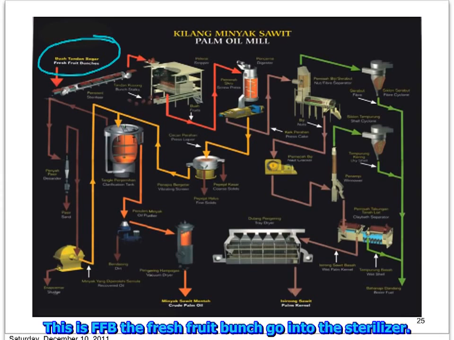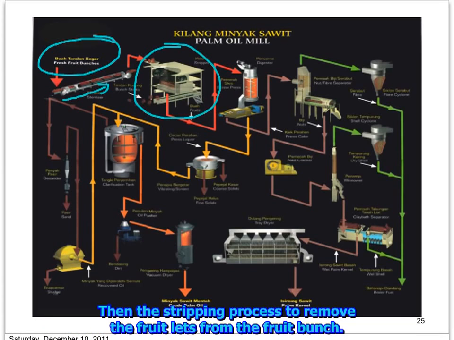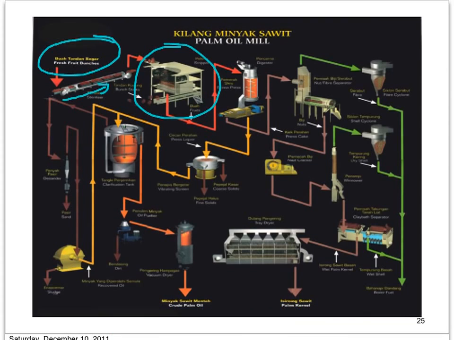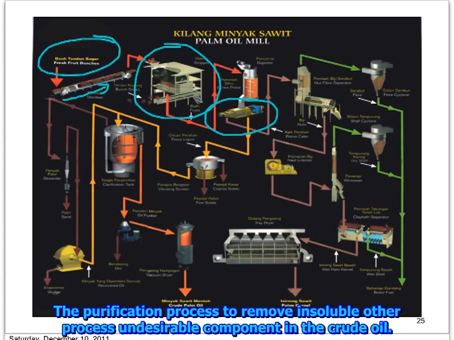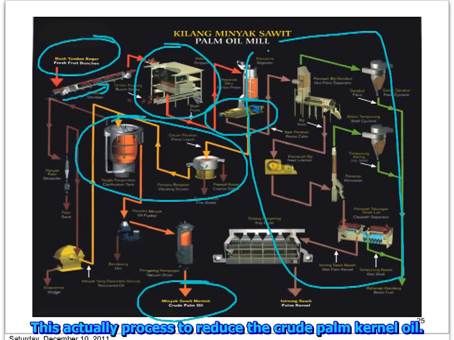This is where the FFB, the fresh fruit bunch, will go in through the sterilizer, then the stripping process to remove the fruitlets from the fruit bunch, then the extraction process here, the clarification process to remove the sediments and other undesirable components in the crude oil, and finally we get the crude palm oil. And on this part here, this is actually the process to produce the crude palm kernel oil.